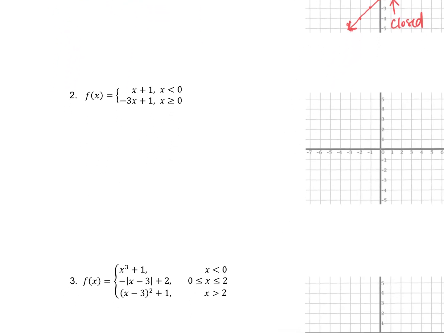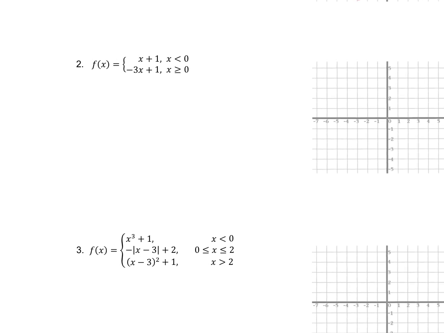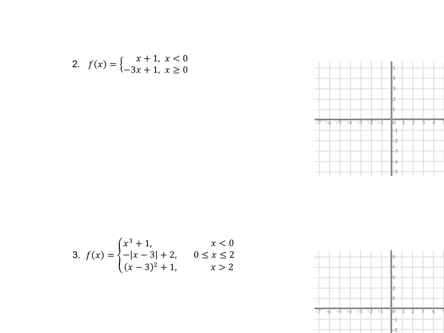Okay, so now here we have 2 functions. And looks like they're both linear. So the first function is y equals x plus 1.